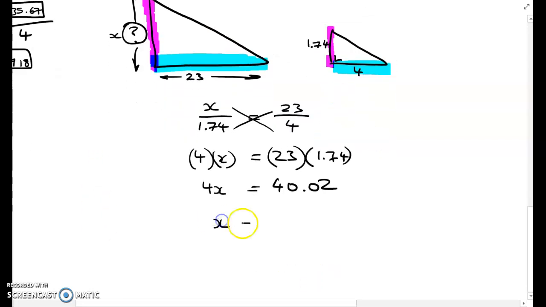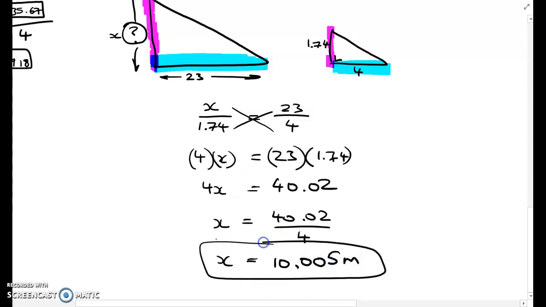So x is equal to 40.02 divided by 4. So x is equal to 10.005 meters. It's a decimal place there.